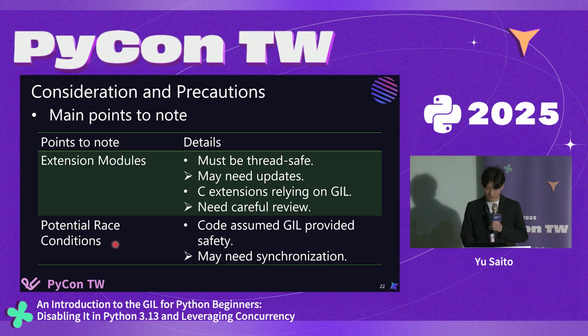As far as extension modules are concerned, it is necessary to check that the libraries are thread safe. And as far as potential race conditions, it is necessary to check the synchronization provided. I will explain each consideration in detail.